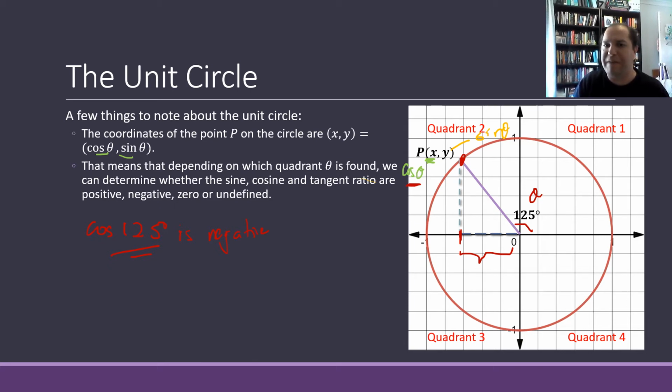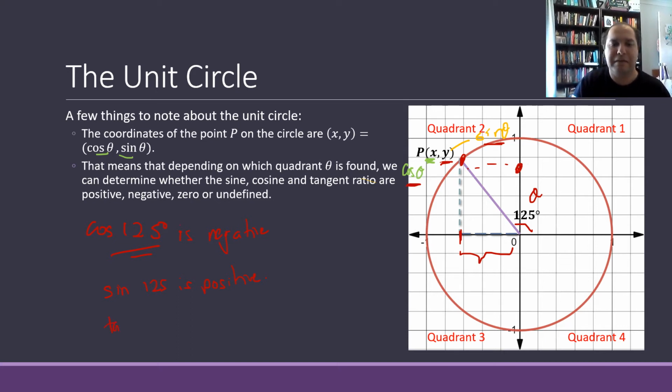Looking at our sine value, our y up here is a positive y value. So sine 125 is going to be positive, because we can see it's got a positive value when we read it off our graph, because our y value is the same as our sine value for 125.